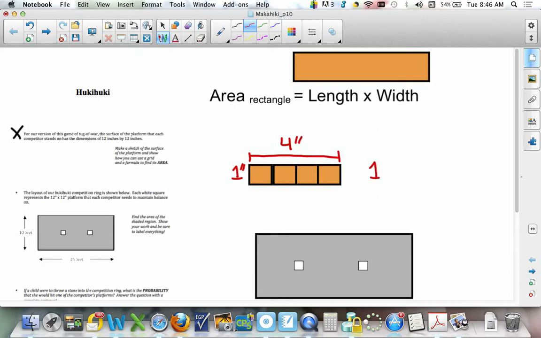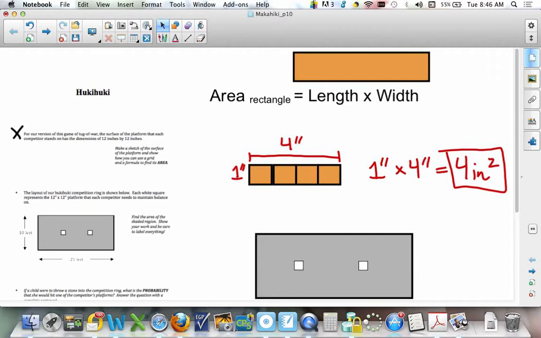So 1 inch times 4 inches is 4 square inches. So there are different ways you could grid out something and find its surface area. And in this section, that's really what we're asking you to do, to make a grid of a 12 by 12 inch platform and show how you can grid it out.